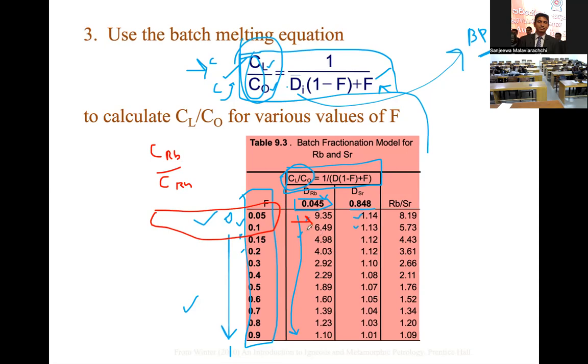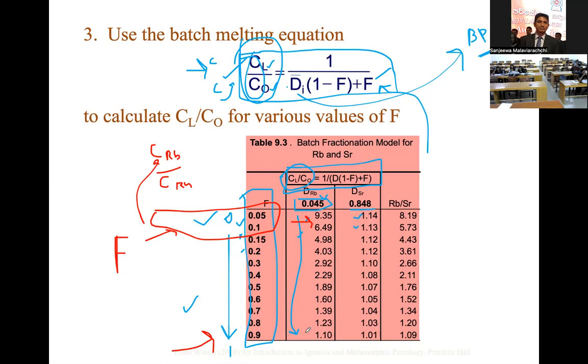So that indicates for a very low degree of melting, F here, you have a lot of rubidium going into the melt. That means this ratio is very high, right? But for a high degree of melting, you have a smaller value.